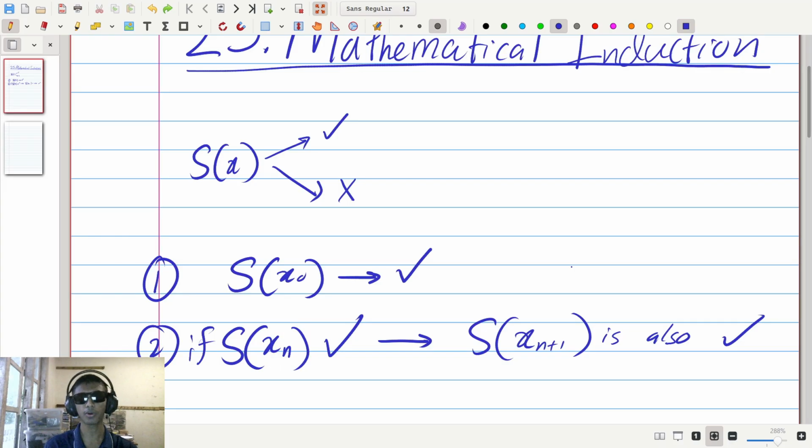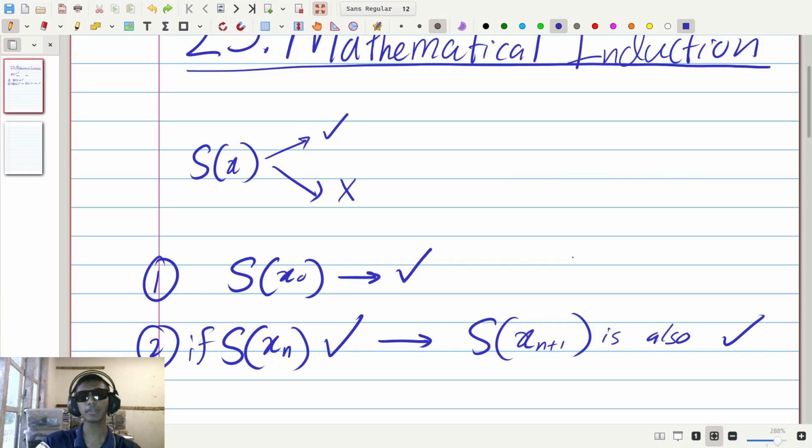However, you can do this for any value you want. It does not have to be the next integer, as in x sub n plus 1 does not have to be x sub n plus 1. It could be x sub n times 2 or n times x sub n or anything like that. Any kind of relationship like that could be used in mathematical induction.